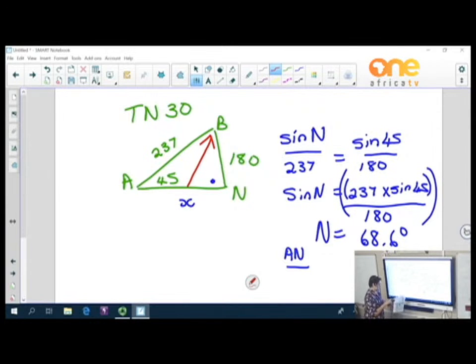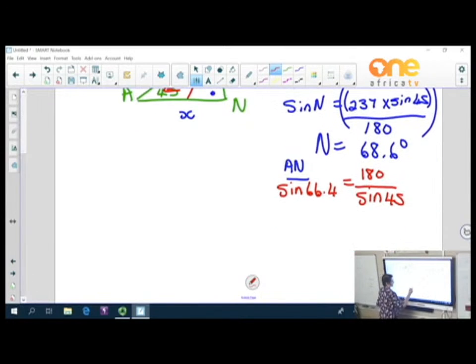So it will then be 180 degrees minus 45 minus that 68.6 degrees, 66.4. So over sine 66.4 is equal to, and now I'm going to take this 2, so it's that length. Remember, they must be opposite each other, over sine 45.